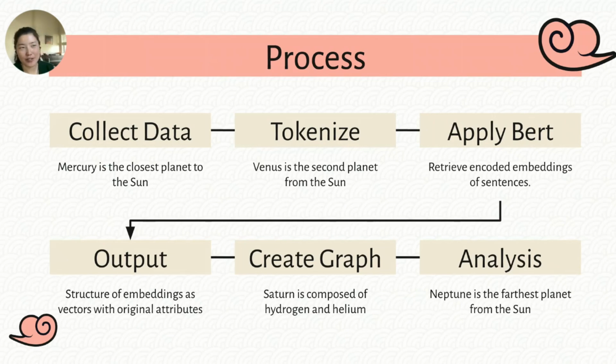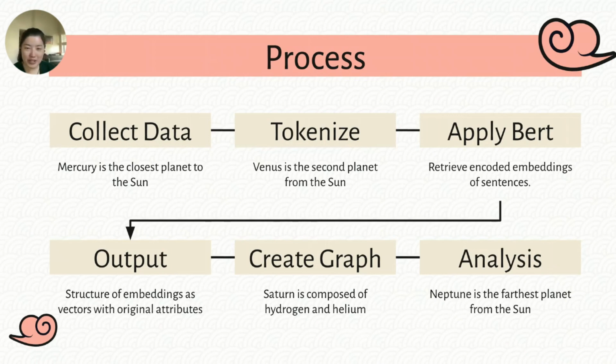And then the third step is to apply BERT, or again, it could be a different large language model if you want. There are also Japanese-specific ones that I am really interested to apply to this. When you do this application, you output and retrieve the actual encoded embeddings of the sentences. Because there are multiple meanings in a single kanji, I would recommend using sentence embeddings and not word embeddings.